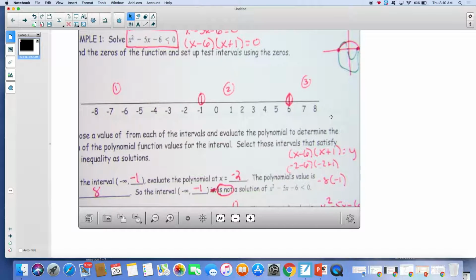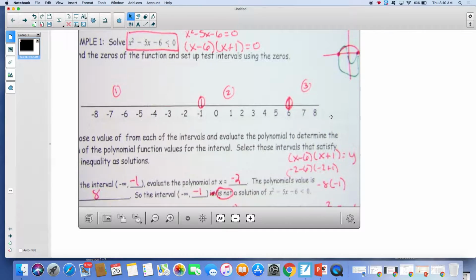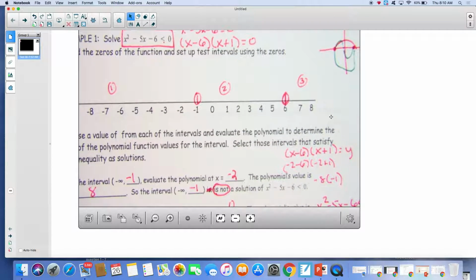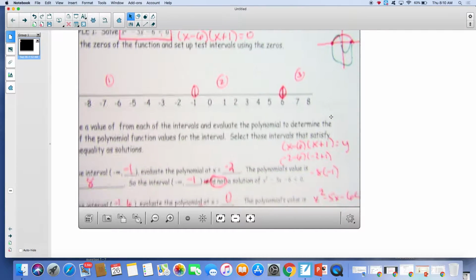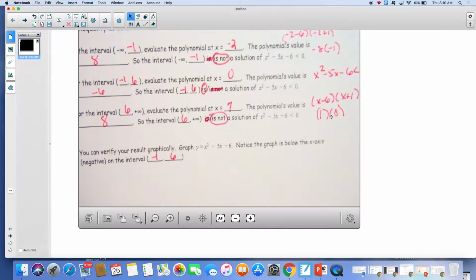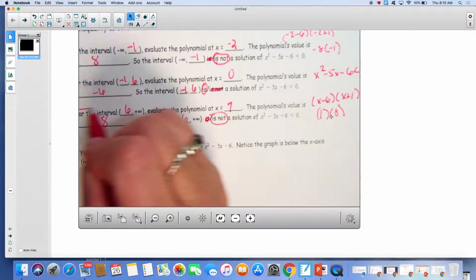Let's just set the stage. Questions? The last blank is -1 to 6, because that's where my solution is right here.